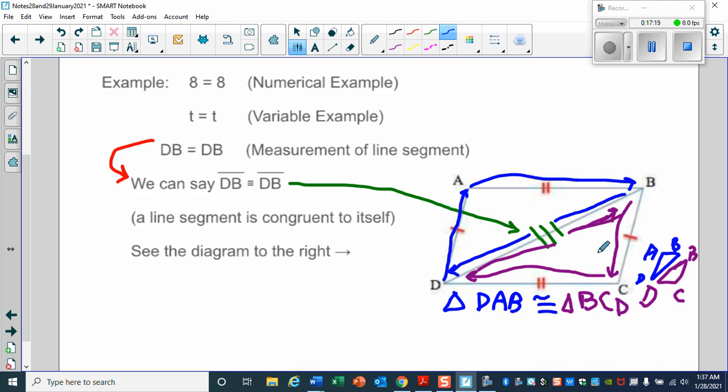Especially when we start dealing with these triangular congruences again, notice which angles or vertices match with each other. So for instance, A and C, they're going to match. And then from there, be careful because this angle B matches with that angle D. Vice versa. This angle D corresponds to that angle B. And again, it goes down to triangle congruences, like the order, and so on, how we label our triangles.